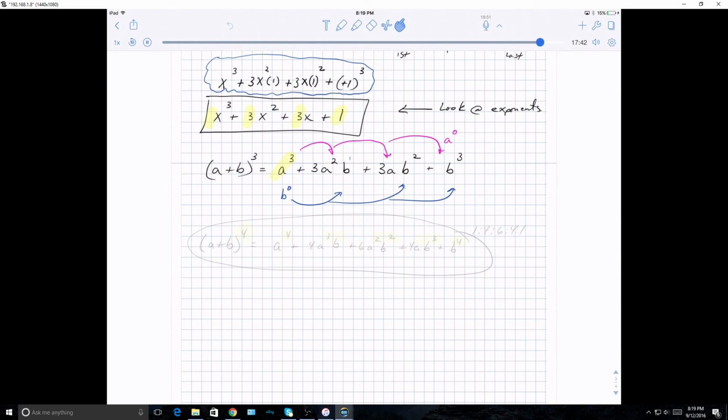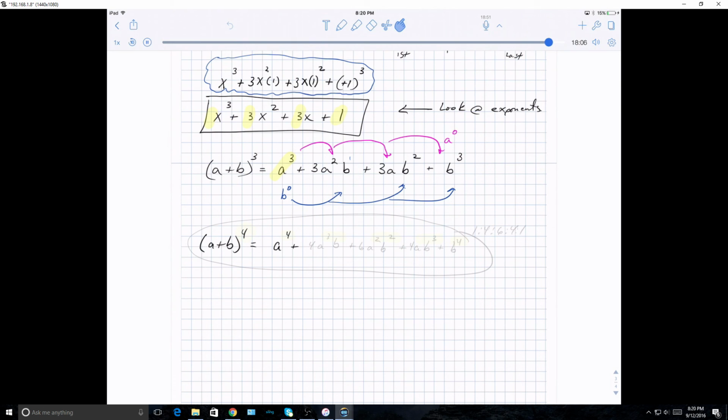So if we just looked at the fourth for a second, and this is running a bit long, but if we just look at a plus b to the fourth, then this would be a to the fourth plus, well, now we have some product, right? And we can just look back up here to our Pascal's. It was 1, 4, 6, 4, 1.